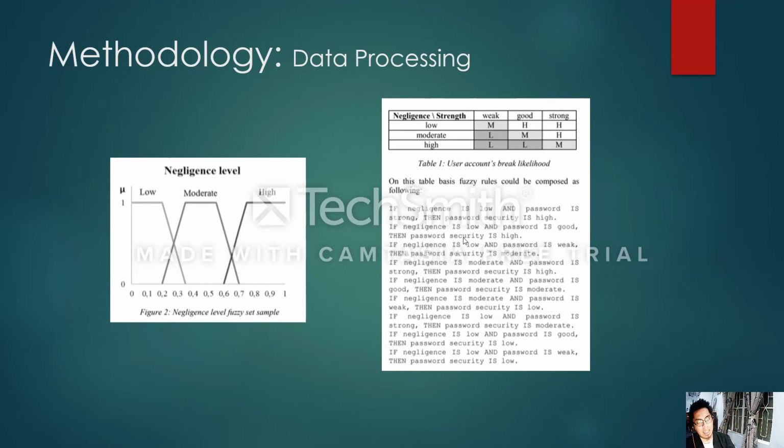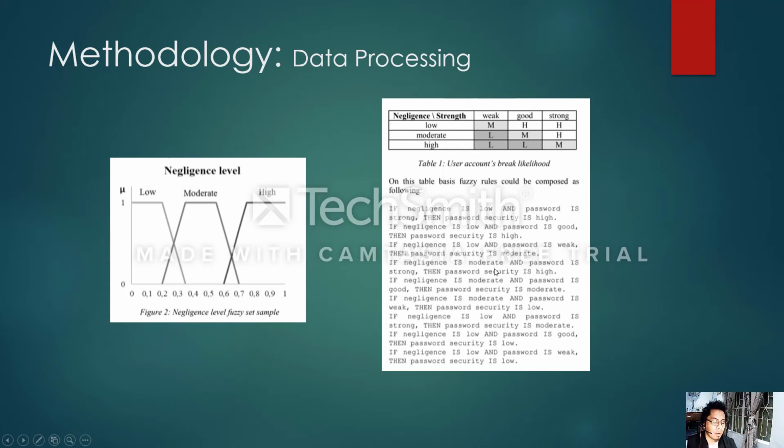So they have created the table below, on the right side, and below are the rules defined on how to represent the table. For example, if our negligence is low but the password is strong, then we have high security. The same goes for the other rules that were defined from here.